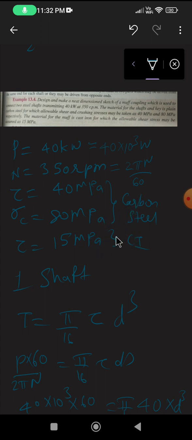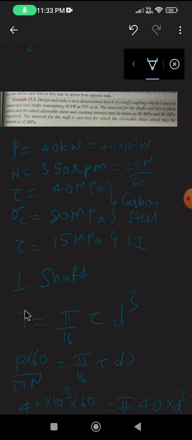As we know, the shear stress of cast iron, 15 megapascal, is very low compared to carbon steel. Now if we want to design the sleeve and key, first we need the diameter of the shaft. The diameter is not given here, so we need to find the diameter. Torque is given.